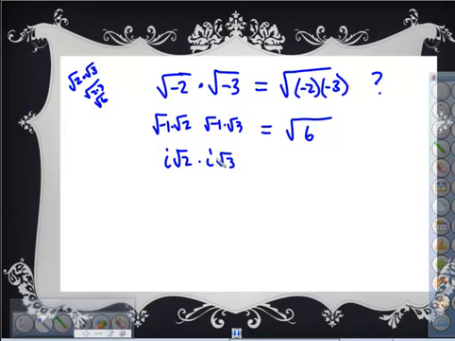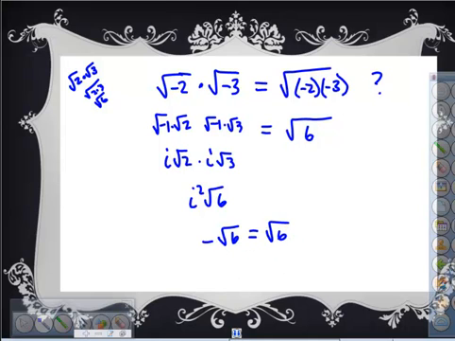Now we just multiply these two things, and so you've got i squared, and then radical 2 times radical 3, I did it over here, is just going to be radical 6. Now what is the i squared going to give us? A negative. So we have the square root of 6 on this side, and then we have negative square root of 6 on that side.